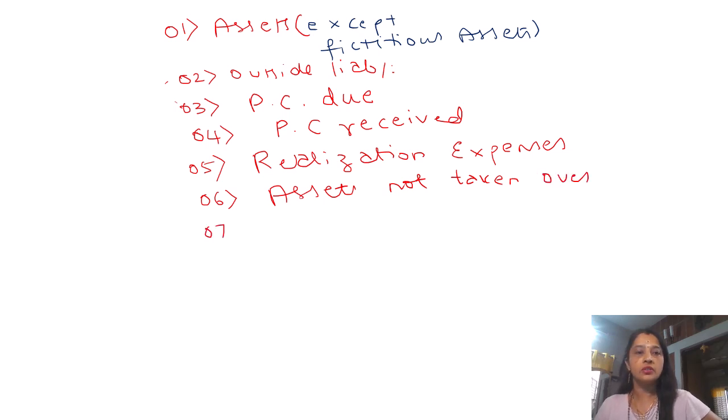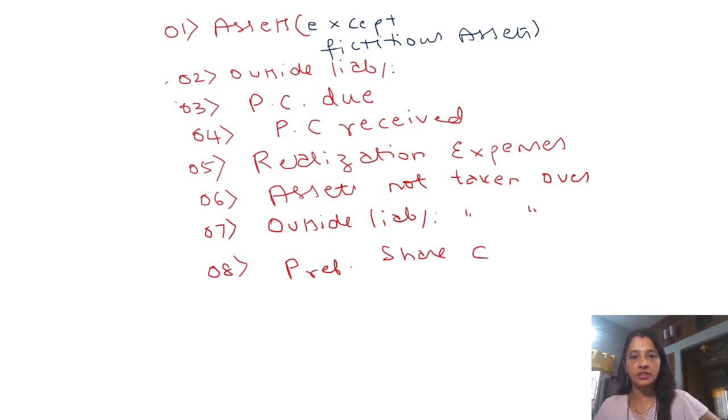Seventh one, outside liabilities not taken over. Eighth, closing preference share capital. Ninth, closing realization account.